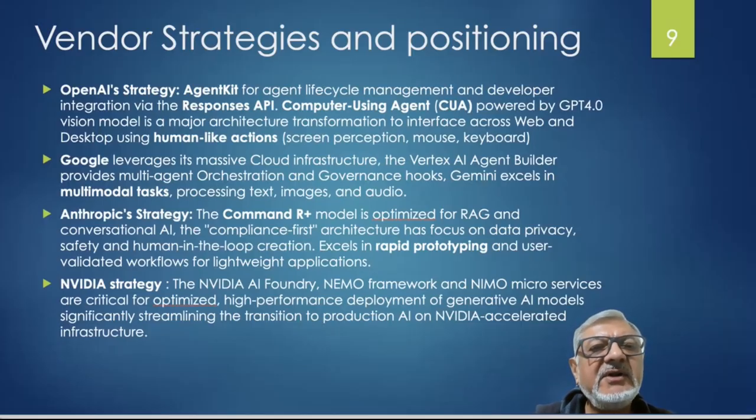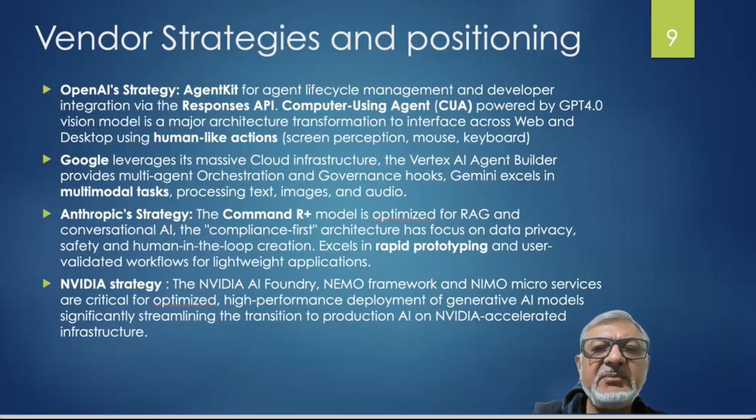Whereas Google leverages massive cloud infrastructure, with Vertex AI Agent Builder, which provides multi-agent orchestration, and it has governance hooks through its cloud infrastructure. Anthropic's strategy is the Command R plus model, which is optimized for RAG and conversational AI. The architecture has focused on data privacy, safety, and human-in-the-loop creation.